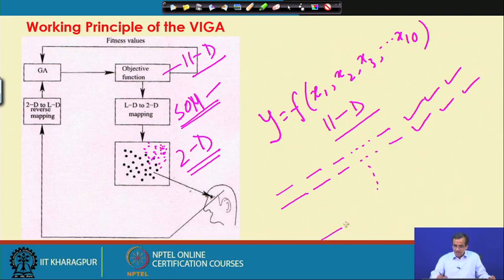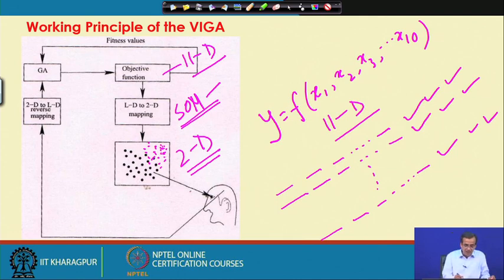Similarly, I have got a huge amount of data; this is higher dimension, this is the lower dimension. So, it will maintain one huge table, and this table will be stored automatically inside the program of self organizing map. So, it will remember this LD to 2D, that is higher dimension to lower dimension mapping.